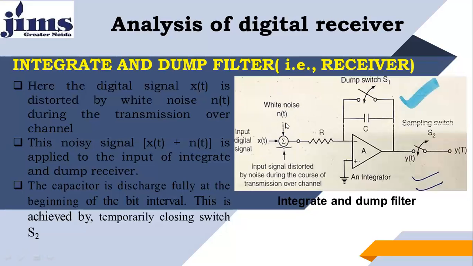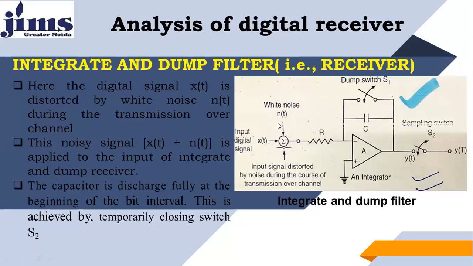So this is x(t), this is n(t), and n(t) is added into this x(t). So your input digital signal is distorted by this white noise content. This is an external voltage that disturbs your input digital signal, so this n(t) is added into this x(t), right?